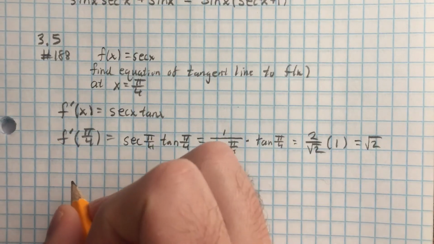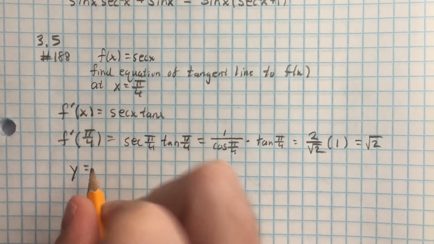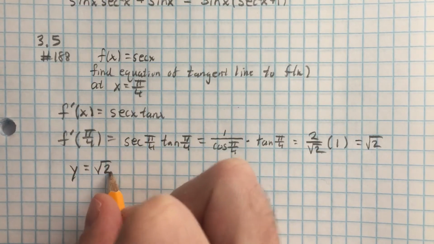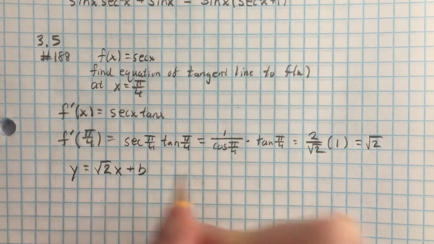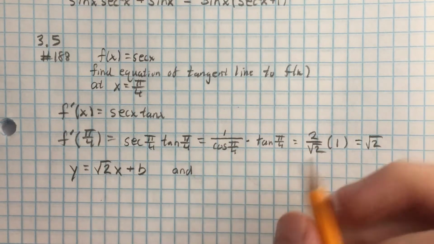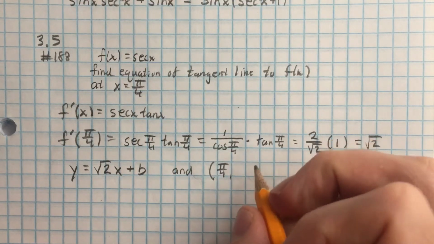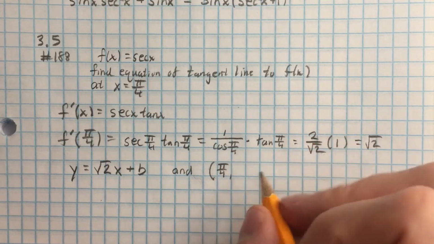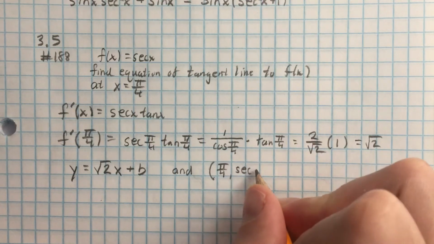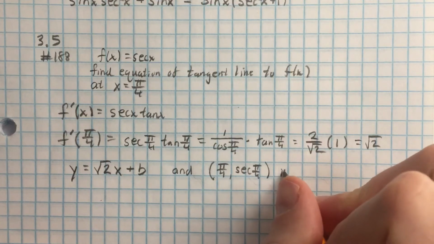So that should mean that the equation of the tangent line is y equals root 2 times x plus unknown y-intercept. And there's a certain point, pi on 4, secant pi on 4, that is on this line.